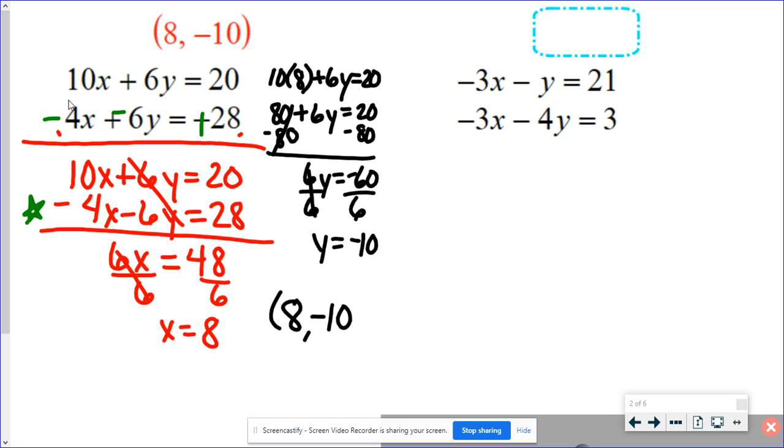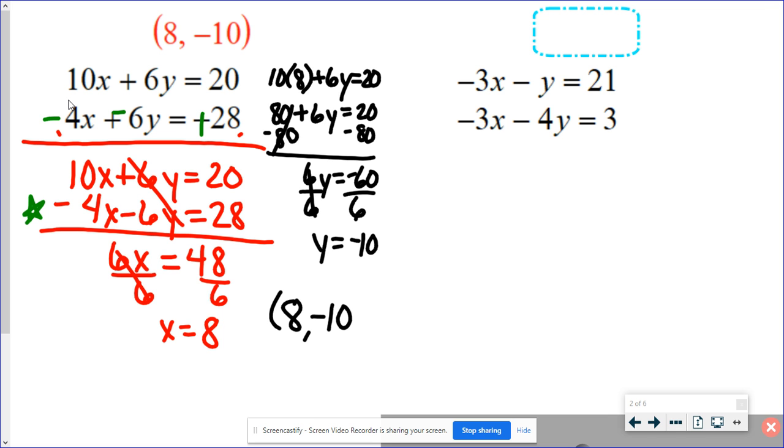In this problem, this time the x's are exactly the same. They're both a -3x. And I really want one of them to be a positive 3x. So I have to multiply one of these two equations by a -1. I'm going to do that changing sign thing. And I would probably pick the bottom equation.